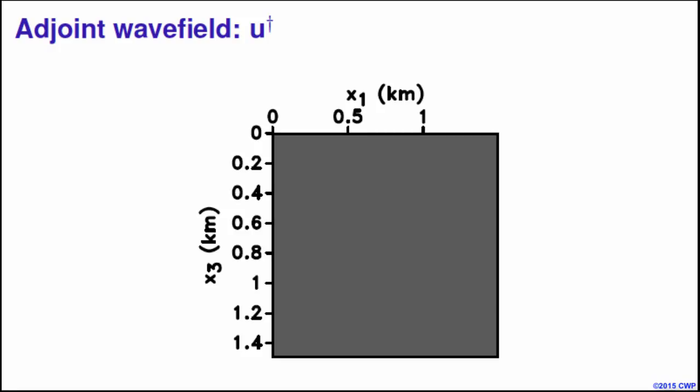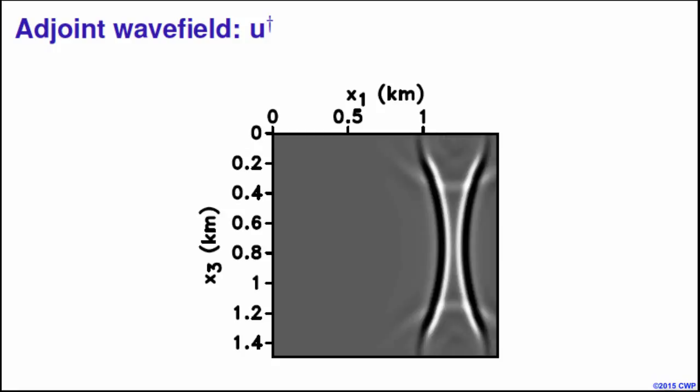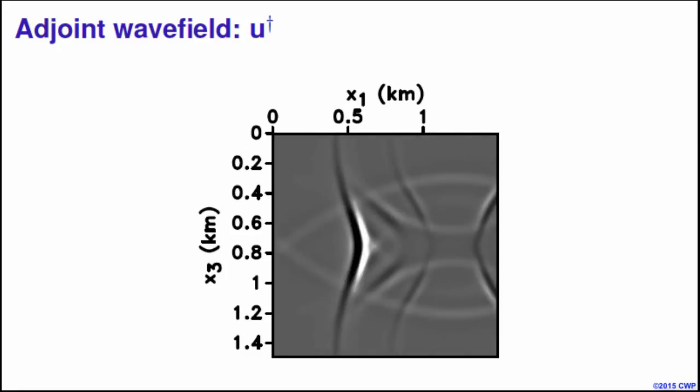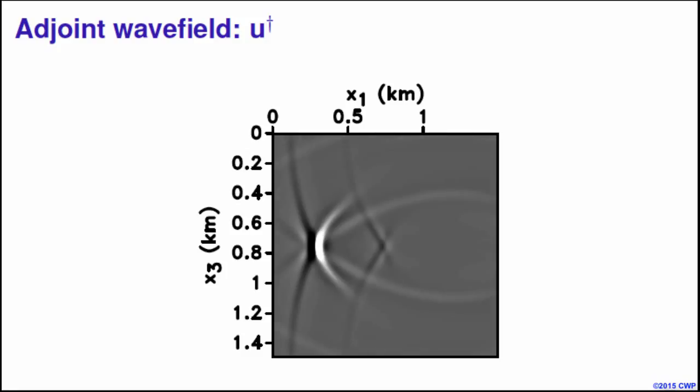Consider that we start with this homogeneous model shown before, and we backpropagate the adjoint wavefield from the receiver locations until we get to the source location, which is where the perturbation in our model parameters is located. From this focusing, we can give initial estimates for the source location, and by analyzing the focusing, we can also maybe give initial moment tensor estimates.